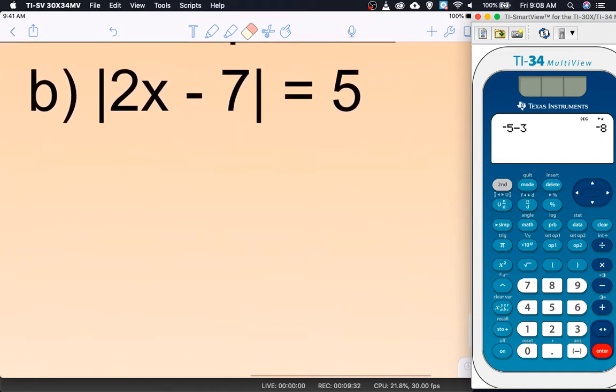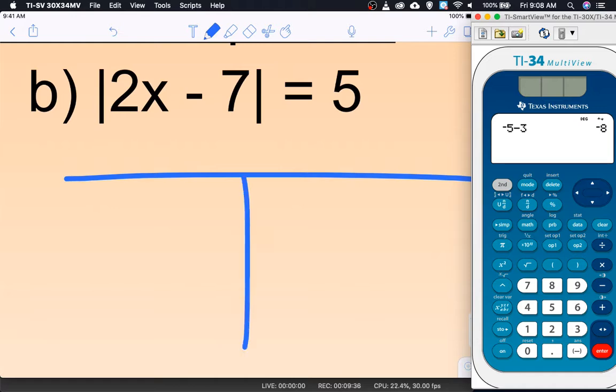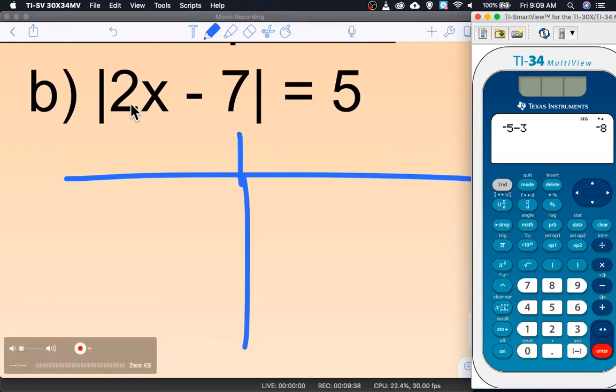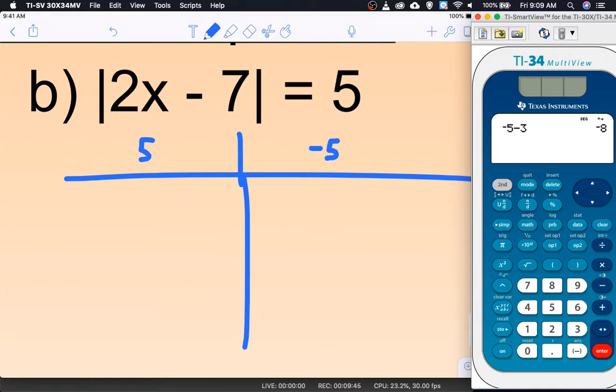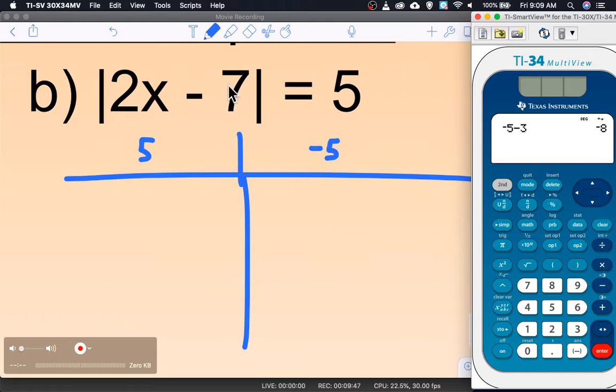Okay, letter B. So I want to know what's it going to take to make the stuff inside this absolute value, this stuff here, equal to a positive 5 and equal to a negative 5. Again, because if this stuff was a positive 5, the absolute value of 5 is 5.